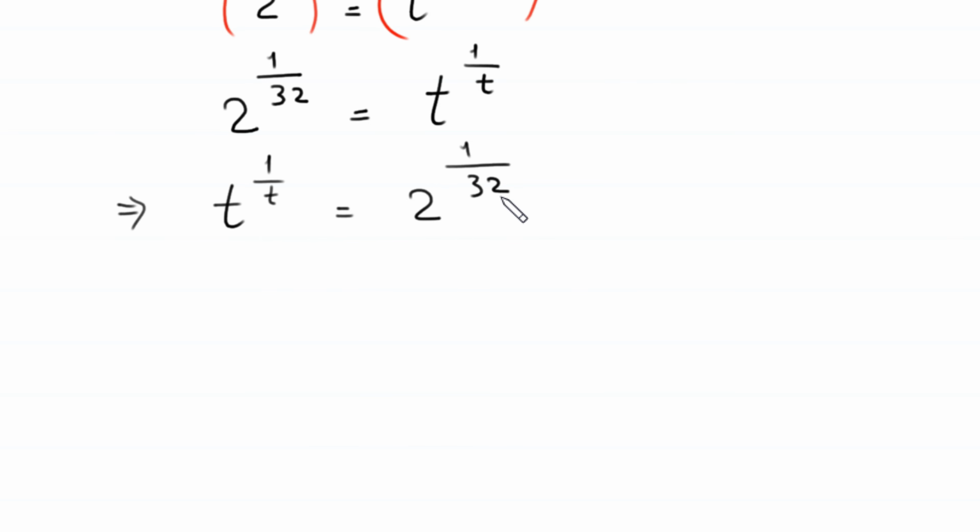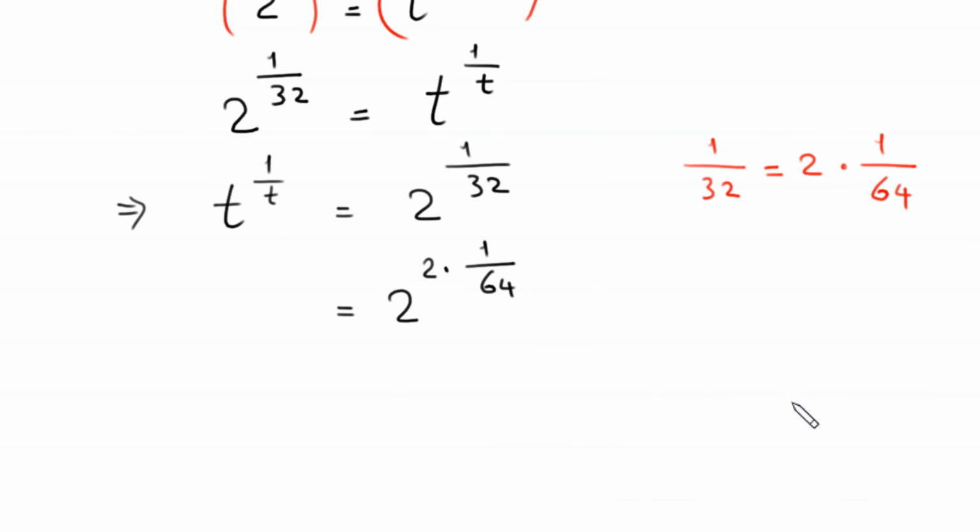Now this left hand side remains the same, and we work on this right hand side. This 1 over 32 can be written as 2 times 1 over 64. So this will become 2 to the power 2 times 1 over 64.